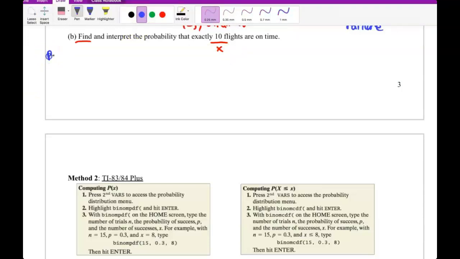Okay, so probability of x, I'm using the formula: n factorial divided by n minus x factorial times x factorial, multiplied by probability of success to the power x times probability of failure to the power n minus x, because we already have this x on top, so I should find what the remaining is.